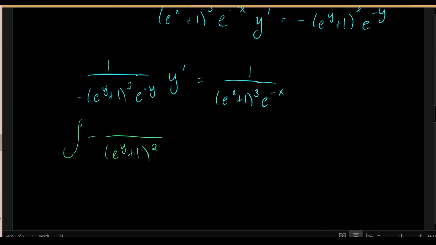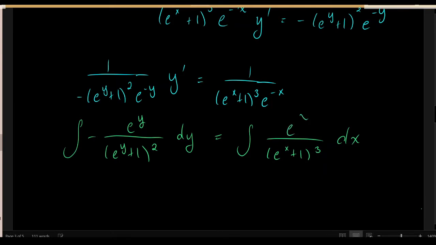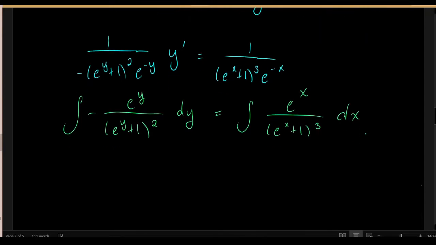Now, in anticipation of the integration that I'm about to have to do, I'm going to do a little bit of rewriting of these expressions. Instead of having an e to the minus y in the denominator, I'm just going to flip that to the numerator and change the exponent to positive y. Same thing over here on the right side with e to the x.